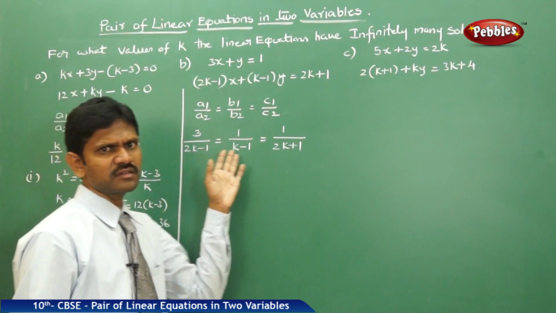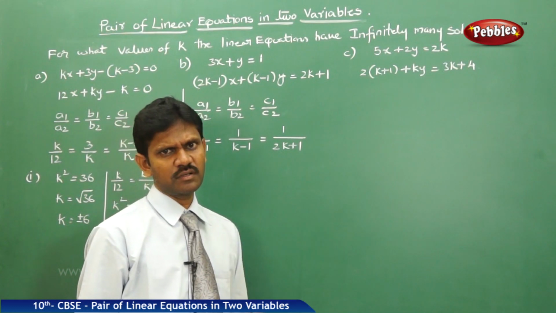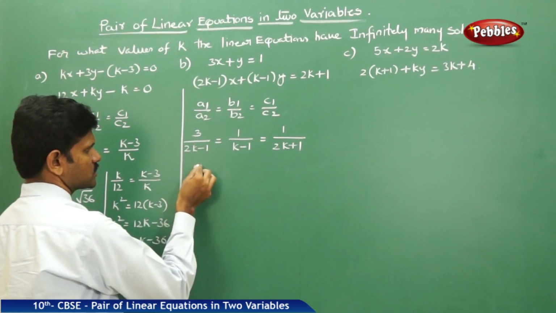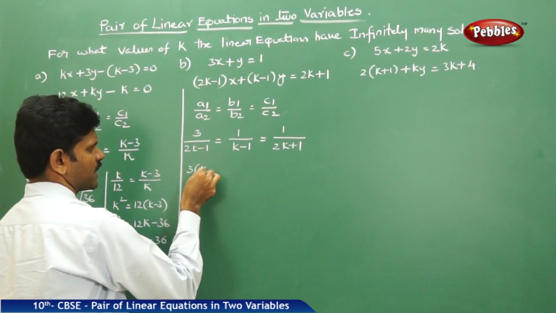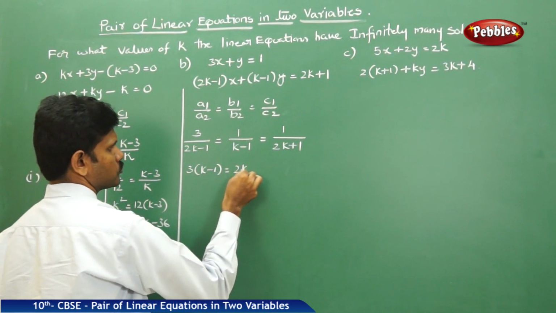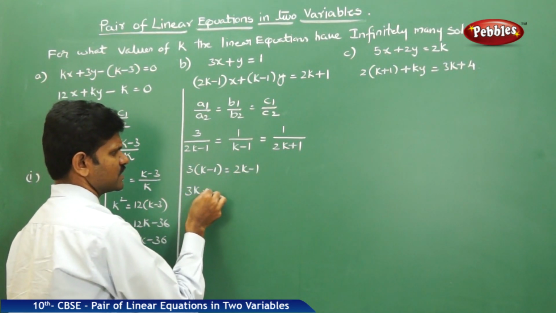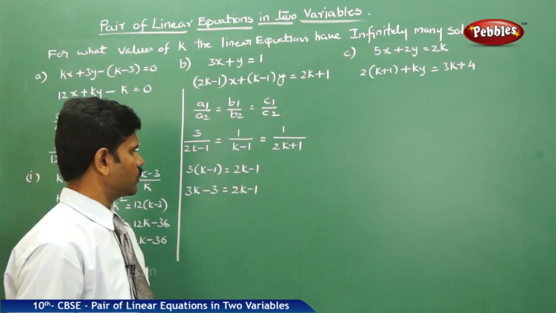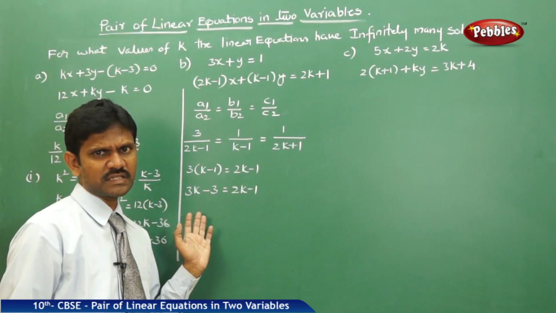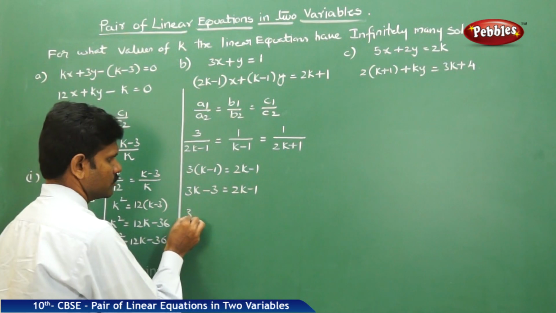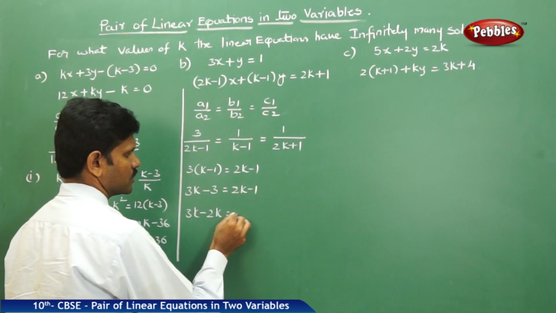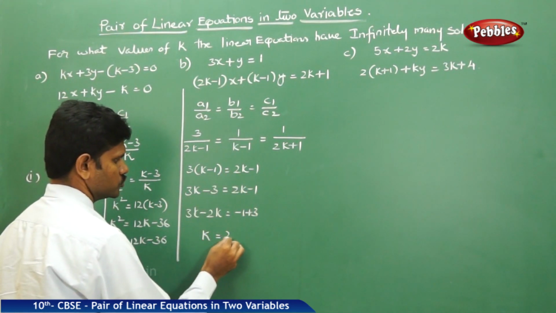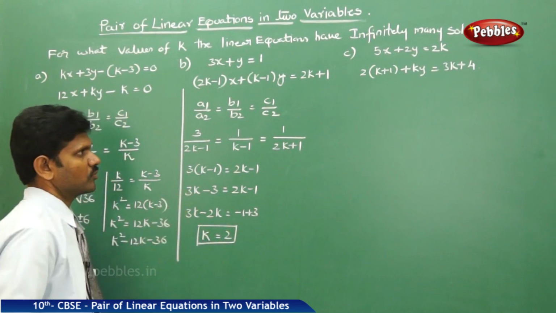Because all the three parts are equal, you can equate any two parts to get the value of K. I want to equate the first two parts, that is 3 times K minus 1 is equal to 2K minus 1, that is 3K minus 3 is equal to 2K minus 1. Now write the like terms on one side and constants on the other side, that is 3K minus 2K is equal to minus 1 plus 3, that is K is equal to 2. I got the value of K.